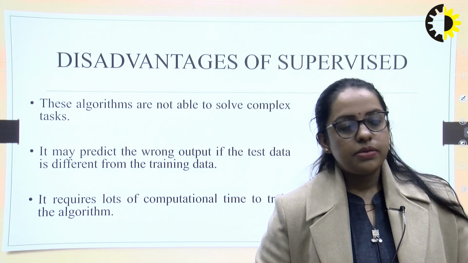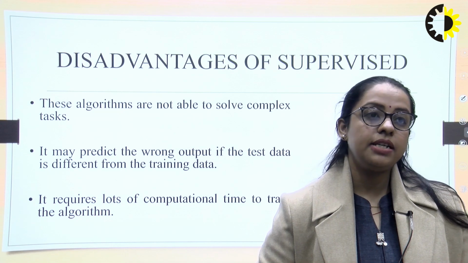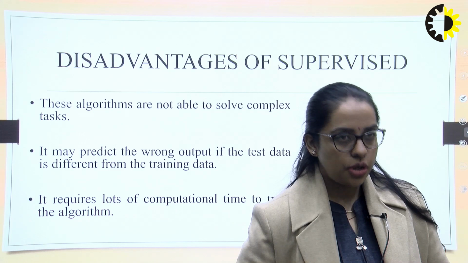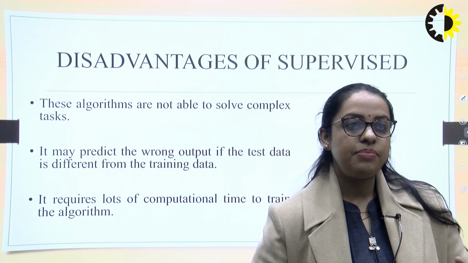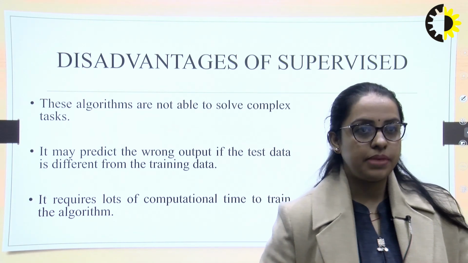So supervised learning comes to us as a very simple, effective learning algorithm, but it also has some shortcomings. It is only applicable for very simple problems. It is not able to solve very complex tasks.